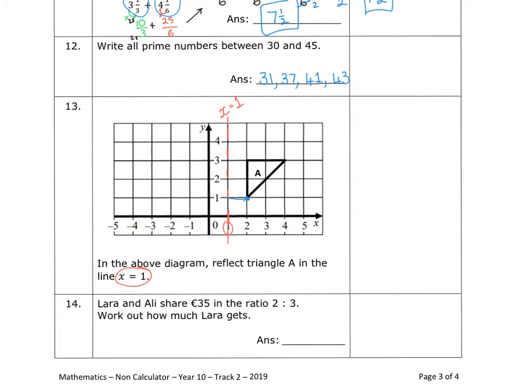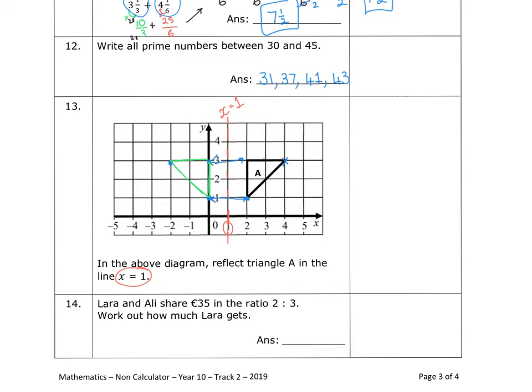We have 1 box. It's 1 box away, so it should be 1 box away on the other side. Similarly here, 1 box away, so 1 box away there. And this point is 1, 2, 3 squares away, so 1, 2, 3 squares away. And the shape is going to be over here. That is the answer.